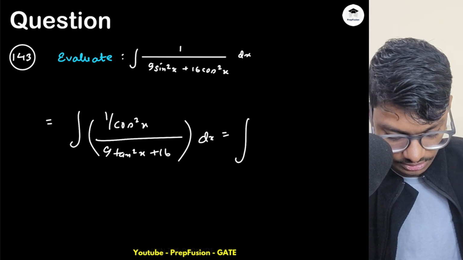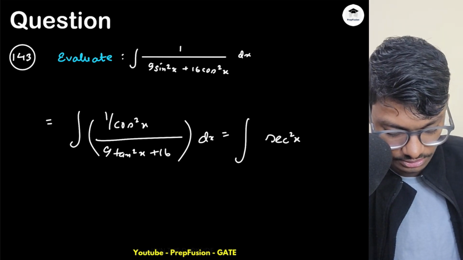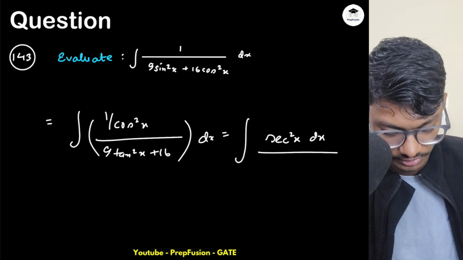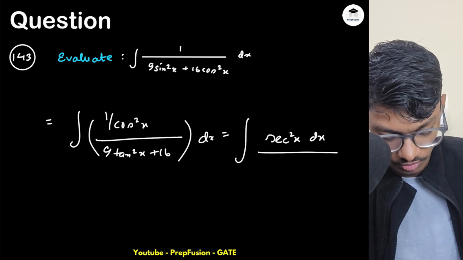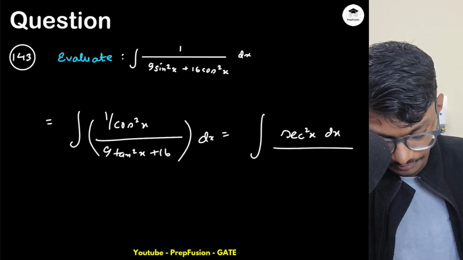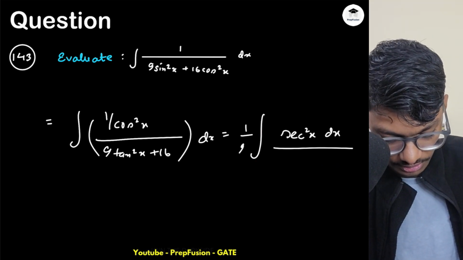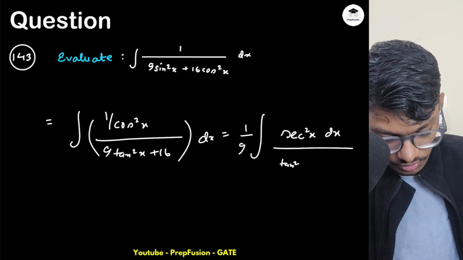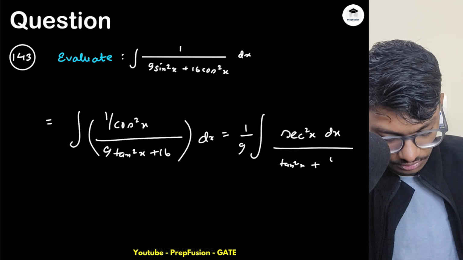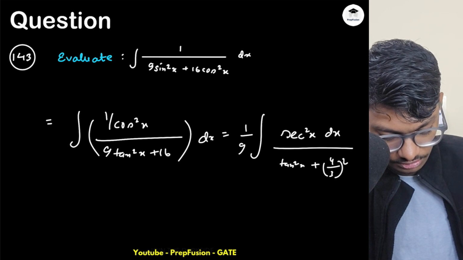So this is sec square x dx divided by 9 tan square x plus 16. Also, I can take this 9 common outside. So if I take 9 common outside, this is tan square x plus 4 by 3 whole square.